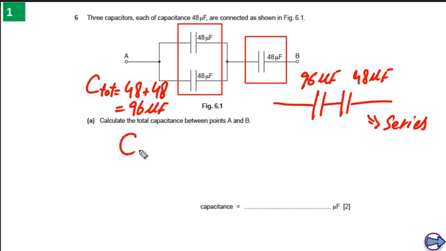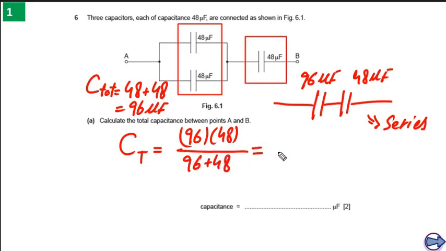Now if the total capacitance we need to find, that is CT, so simply we will multiply 96 with 48 and we will divide by the sum, means 96 plus 48. So our final answer will be equal to 32 microfarads. So this is our final answer. This is how we can answer this type of questions.